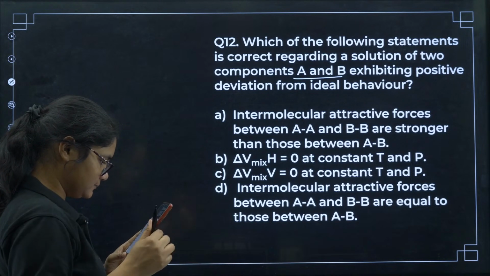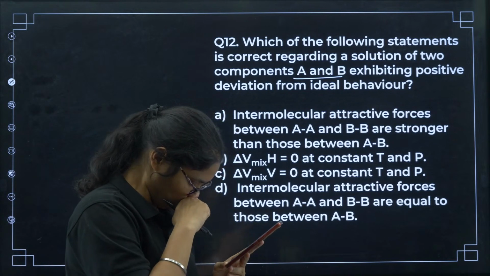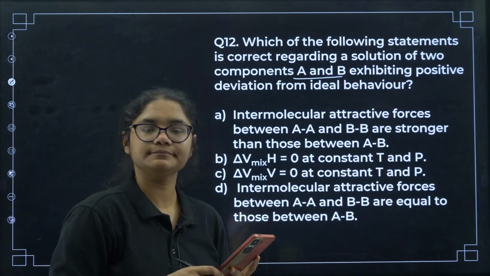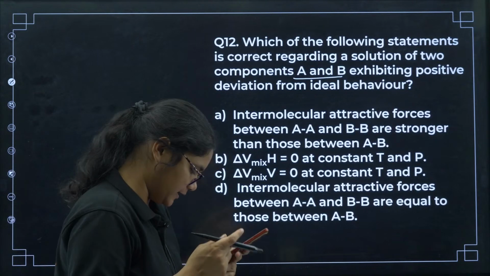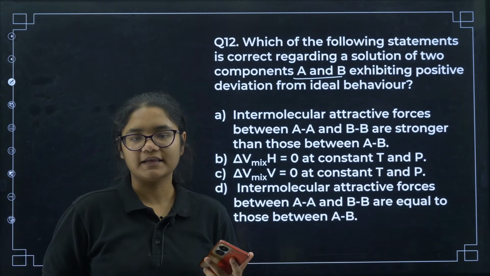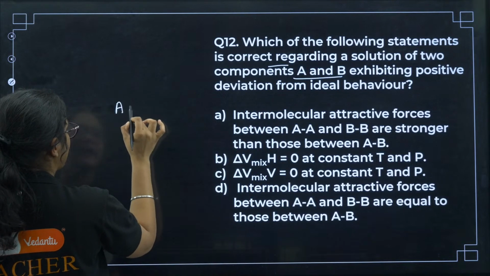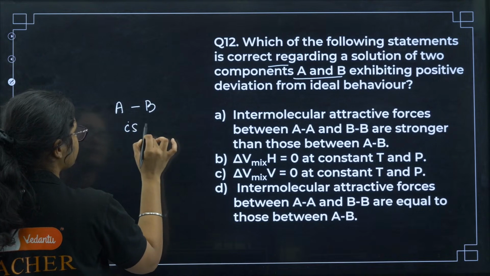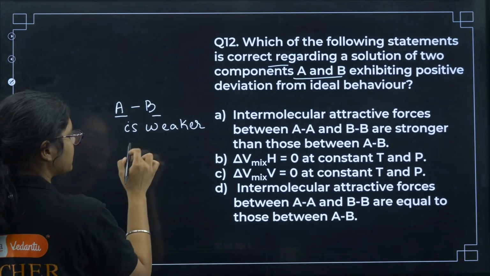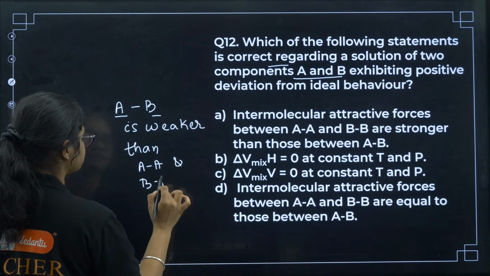This is a very direct question, students. See, what do you mean by positive deviation? Positive deviation means AB interaction is weaker than AA and BB interactions, right?